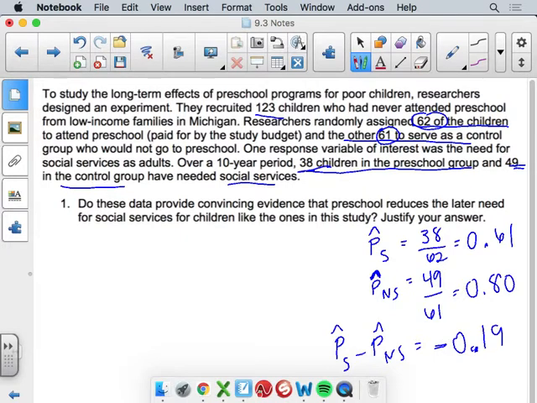Being believable so far? Tracking? Okay. I need to define what P means in this. I should have done it earlier. P is the percent of kids needing social services.